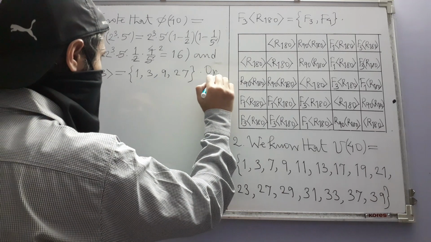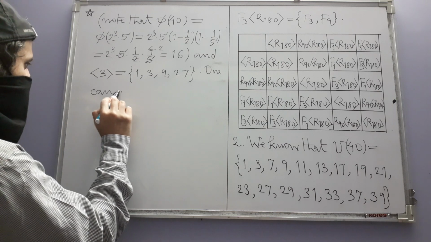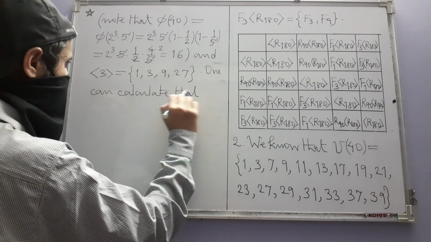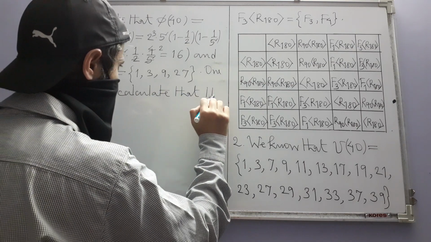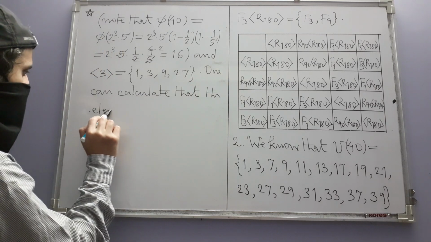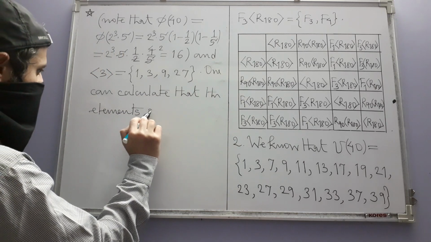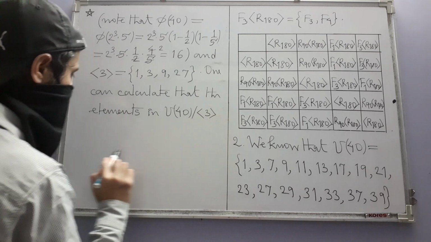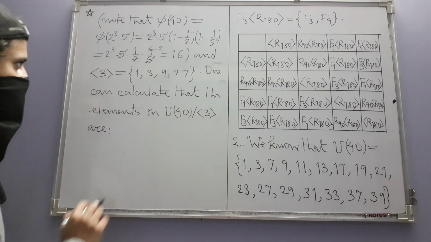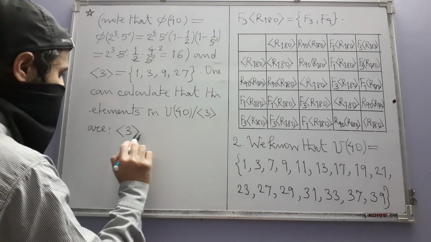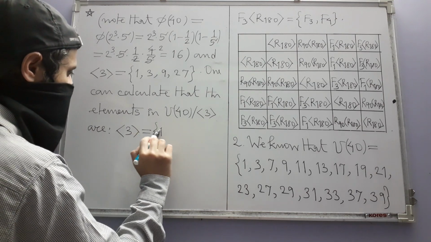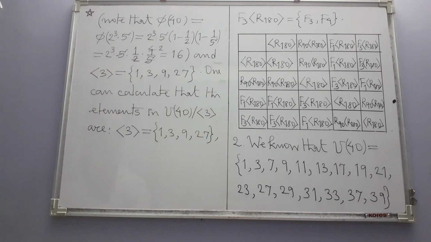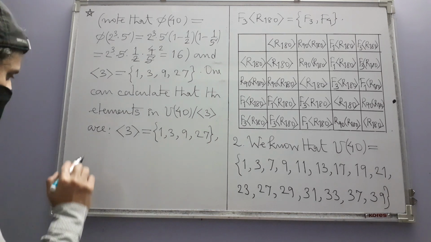Now one can calculate that the elements in this factor group are 1, 3, 9, 27, then 7.